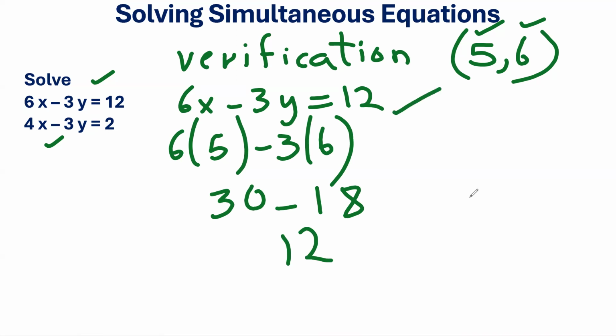And 12 is the right-hand side. So the left-hand side and the right-hand side are equal. What is the meaning of this? Your answer is correct. The answer has been verified.